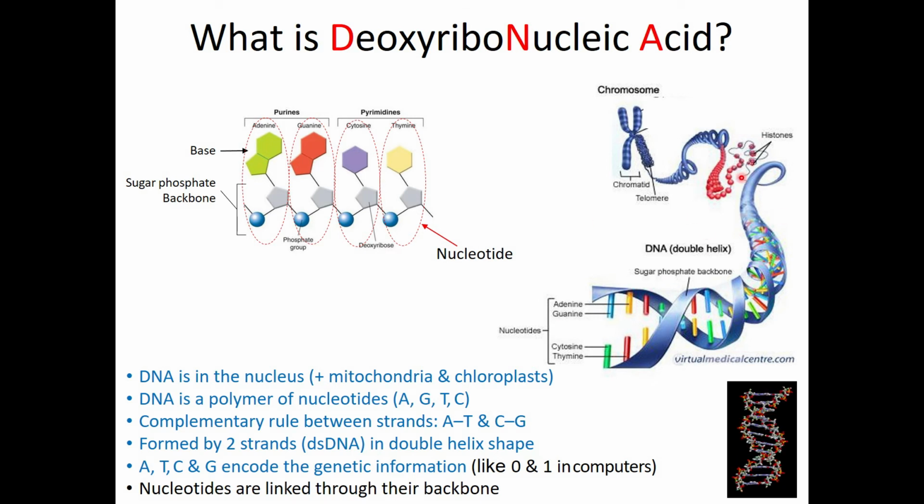So the DNA we have in our cells is all the time double-stranded DNA, and this is the short nomenclature used, double-stranded DNA, and it's in this double helix structure.